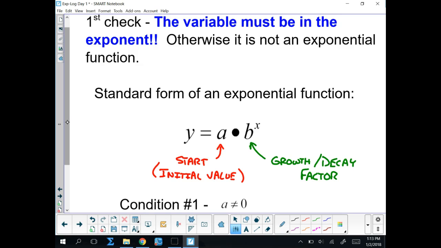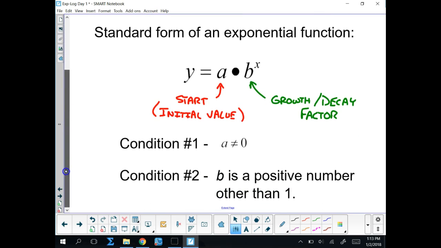It can be positive, it can be negative, it just can't be 0. It can be a fraction, a whole number, or a decimal. It just can't be 0. Okay? Condition number 2 says that b has to be a positive number other than 1.